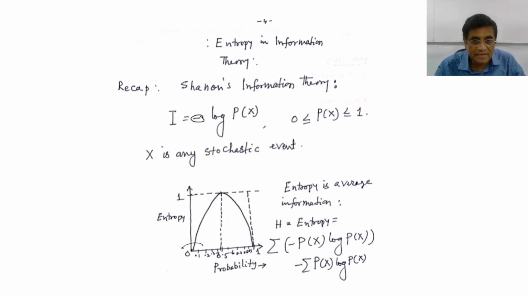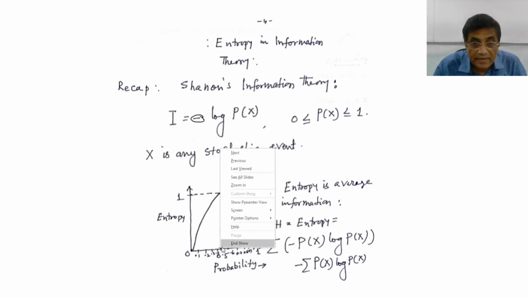If this is my class label 0 and this is 1, I have 2 classes. The closer to this end, entropy is small, which means there is no uncertainty. Certainly that sample belongs to the y equal to 0 class, and here it certainly belongs to the y equal to 1 class. The most interesting point is here.